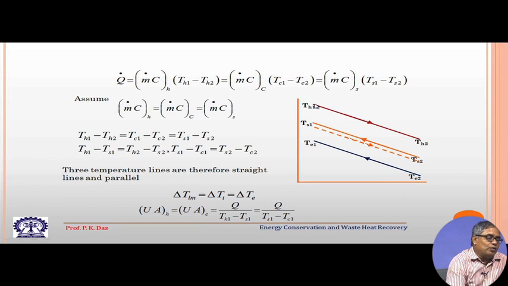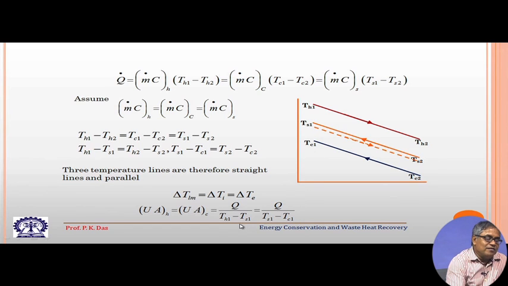So, what one can get, the difference between these two ends is TH1 minus TS1. For a particular heat exchanger, we will be interested in this difference, TH1 minus TS1 or TS1 minus TC1.